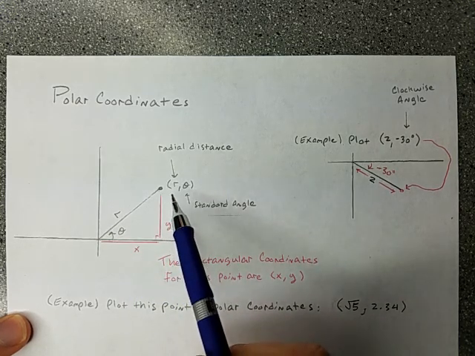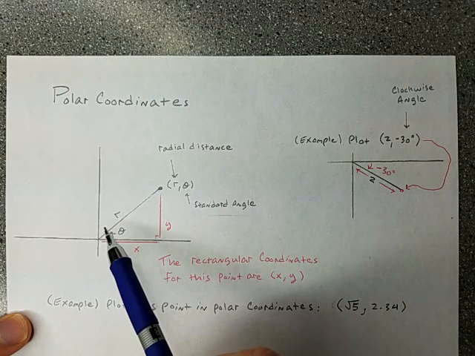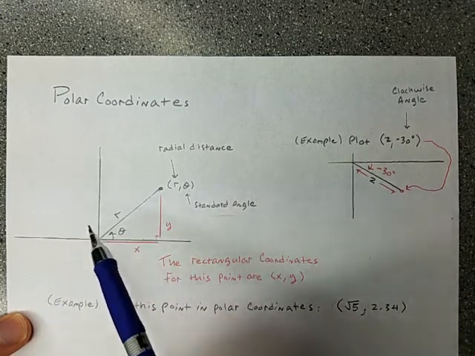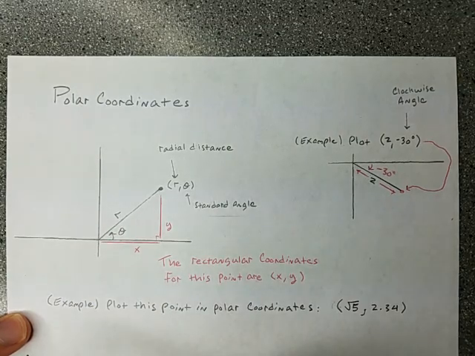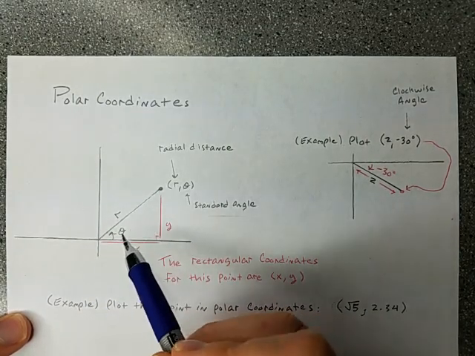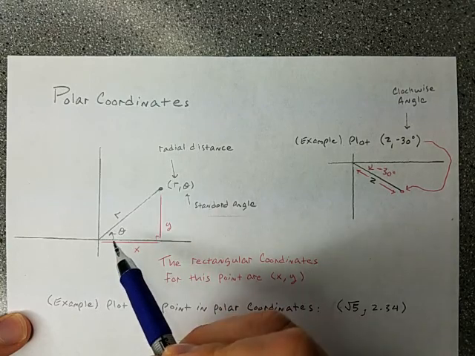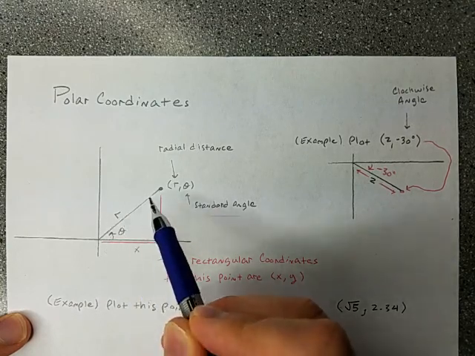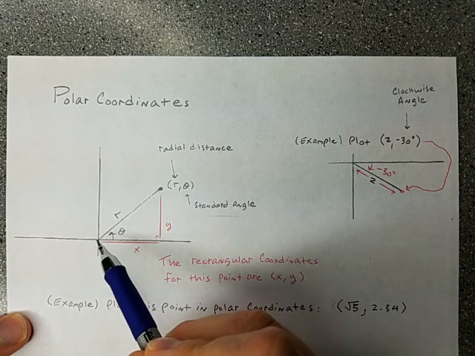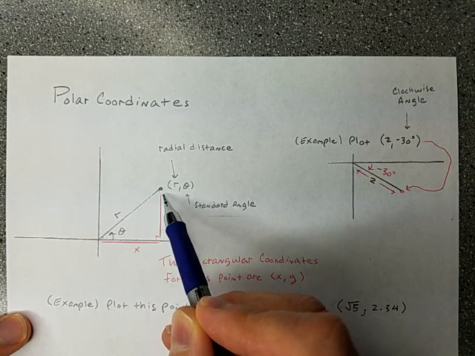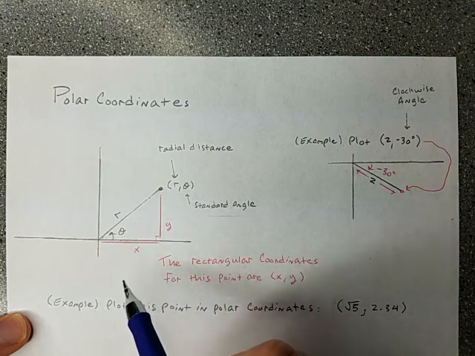I say r is a radial distance because it's in the direction of the angle, radially out from the origin somewhere. For this point right there, that angle is maybe like 45 degrees or so, and then r is however far it is from here to there. So it's a distance.